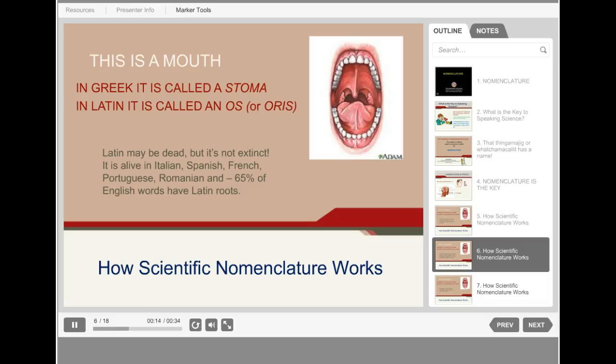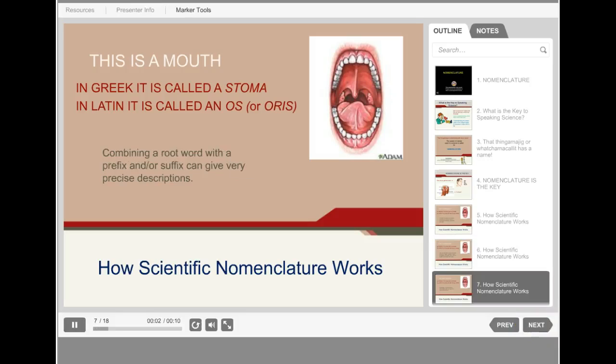It evolved into Italian, Spanish, French, Portuguese, Romanian, to name a few, and 65% of English words have Latin roots. Because of its precision, Latin is used for scientific terminology along with Greek.